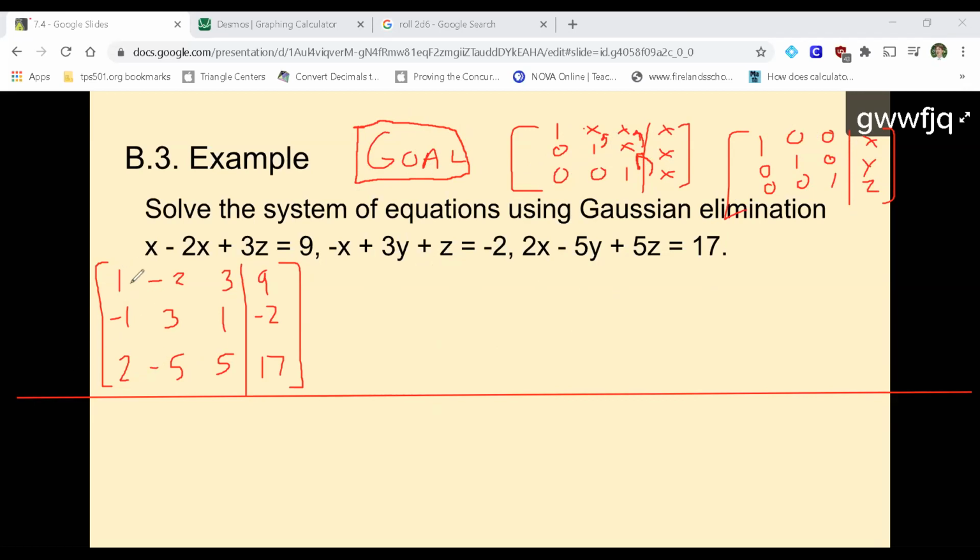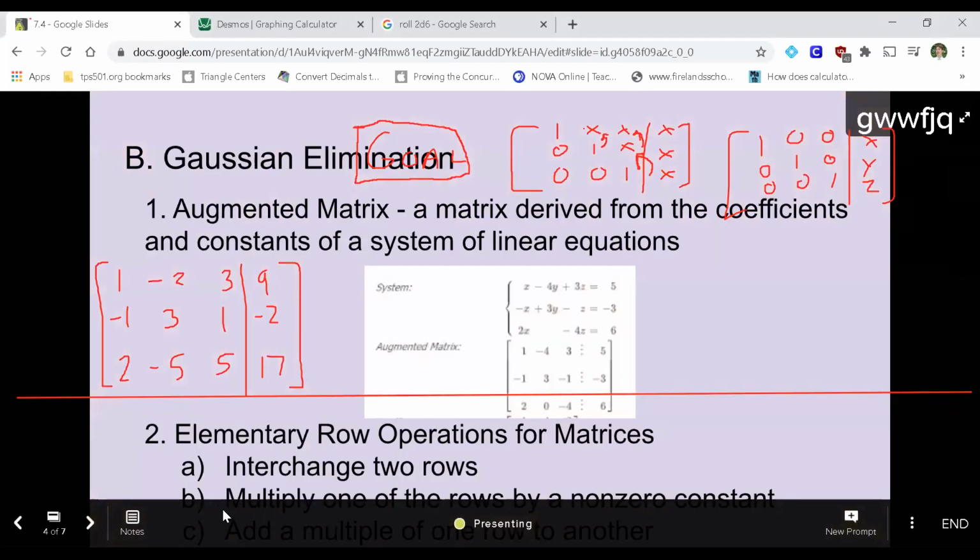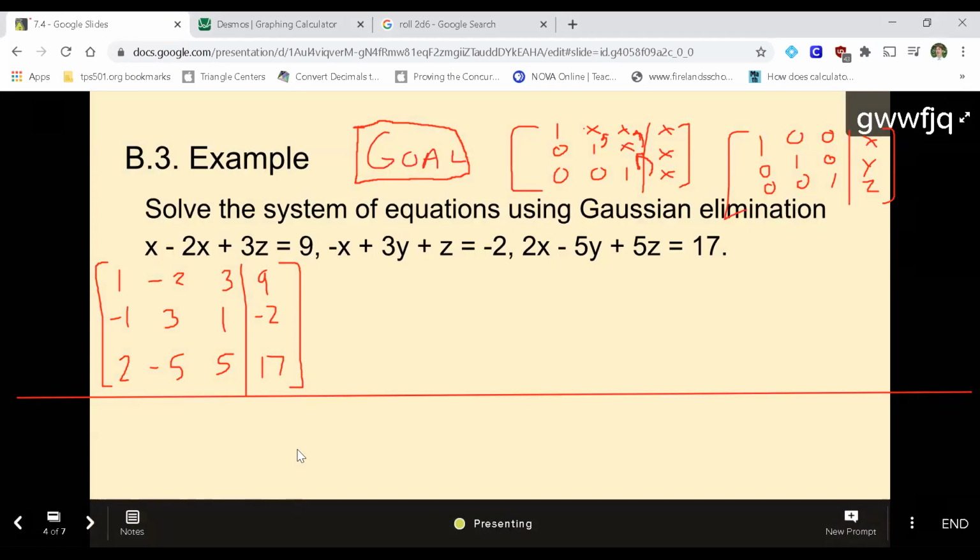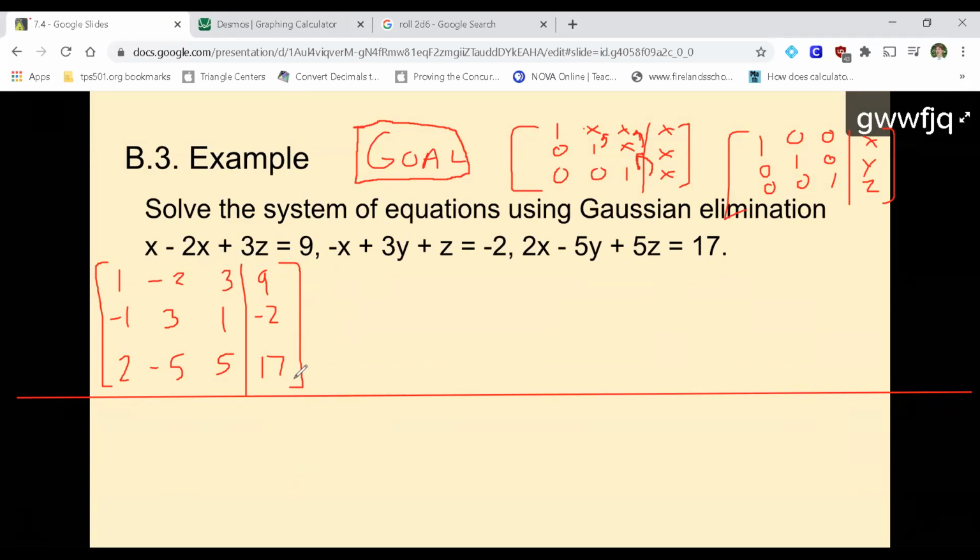So if I start, I need this number to be a 1. Hey, it is a 1. All right, so then I need these two numbers to be 0. To do that, I'm going to use this last operation. I'm going to multiply my first row and add it to the others to get them to be 0.